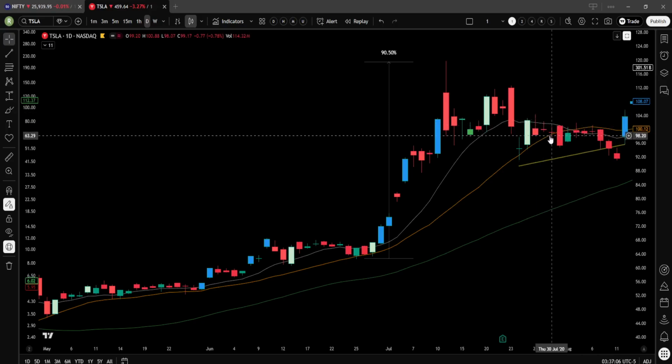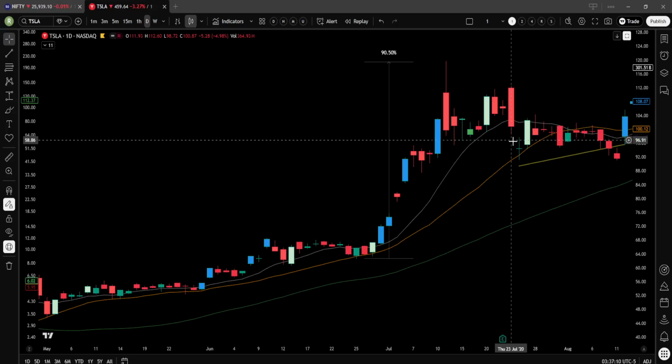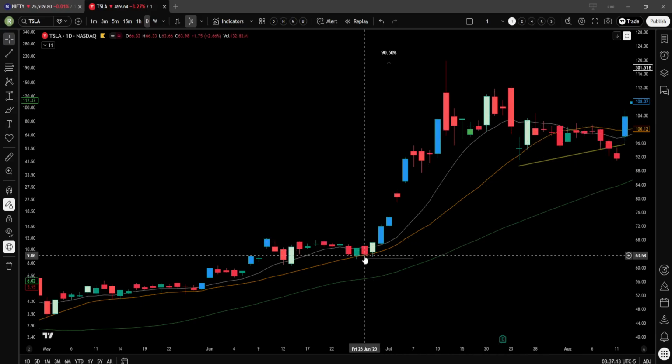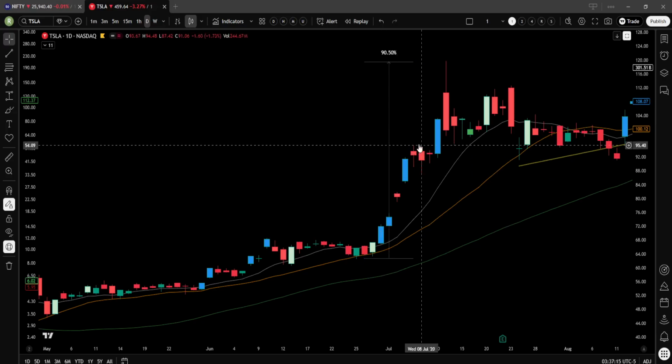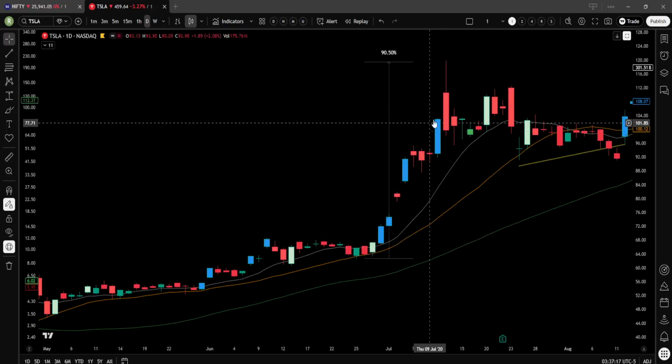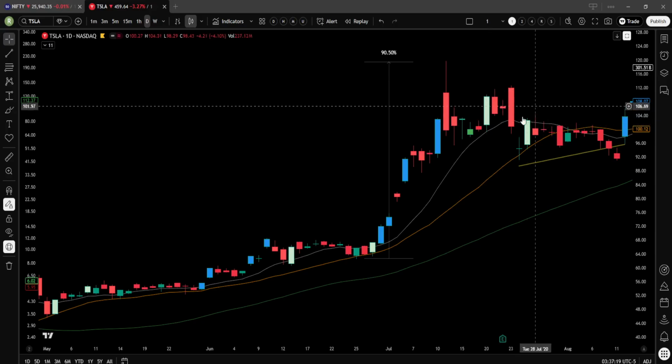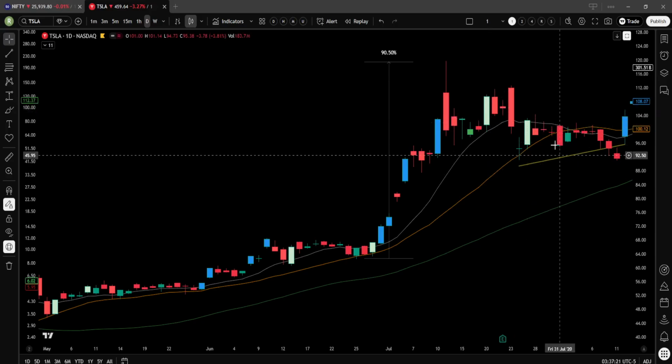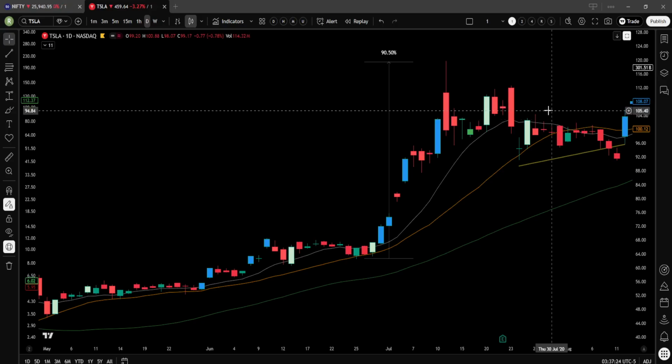So here buyers and sellers are both in the same control, whereas on this big move, buyers totally dominated.